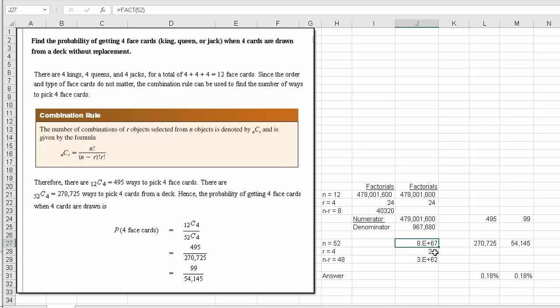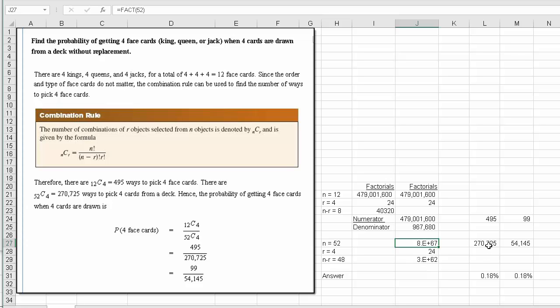It's a very large number. We don't need to express 4 factorial in scientific notation because the number is relatively small at 24. But 48 factorial, again, is another big number. Now remember, all I've done is change the format to scientific notation so that it won't just show up as a pound sign saying it's too big to see.